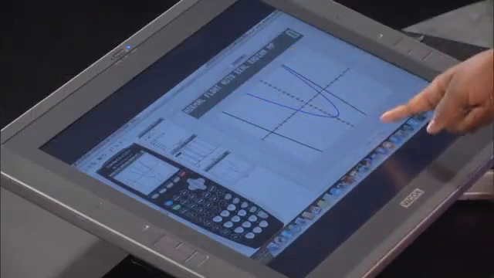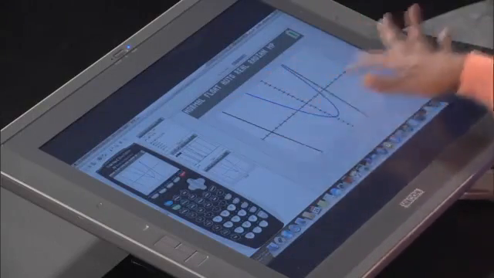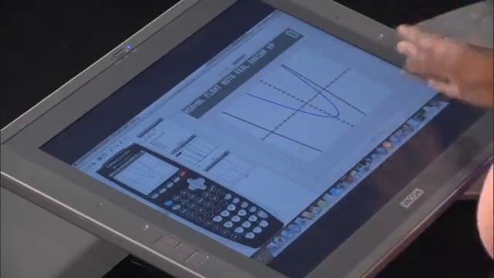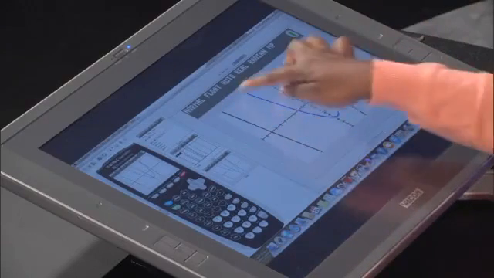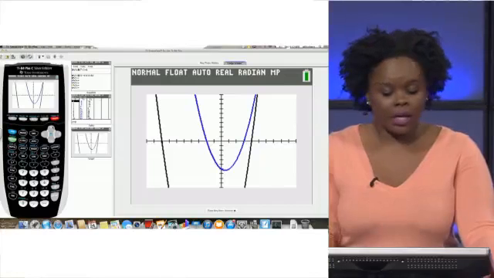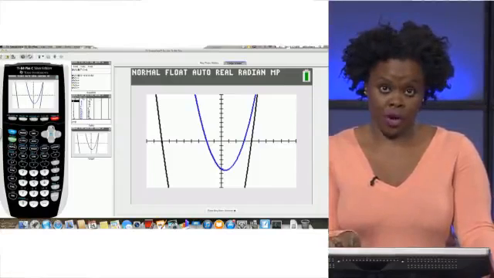Now, later on in Algebra 1, I'm going to show you how to adjust your axes, your x-axis and your y-axis, so that you can see that whole graph. But for right now, all we need to pay attention to is that this black graph clearly did not overlap the blue one. Okay? So what that tells me is B is not the answer. Those are not the right factors for that trinomial.